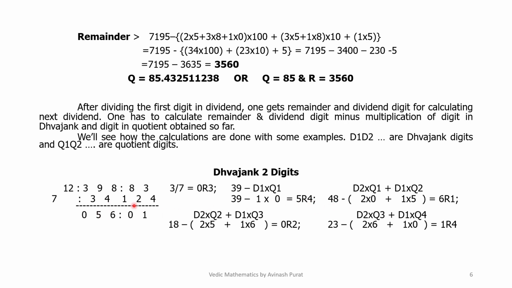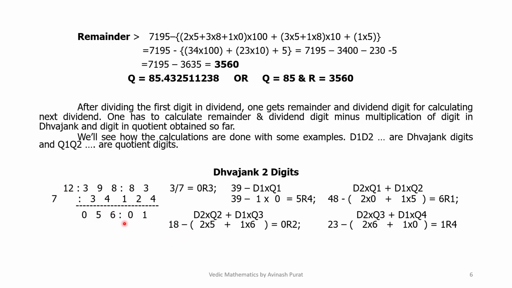So 48 is next dividend minus D2 into Q1 plus D1 into Q2. That is 48 minus 2 into 0 plus 1 into 5 equal to quotient 6 and remainder 1. So 18 is next dividend minus D2 into Q2 plus D1 into Q3.